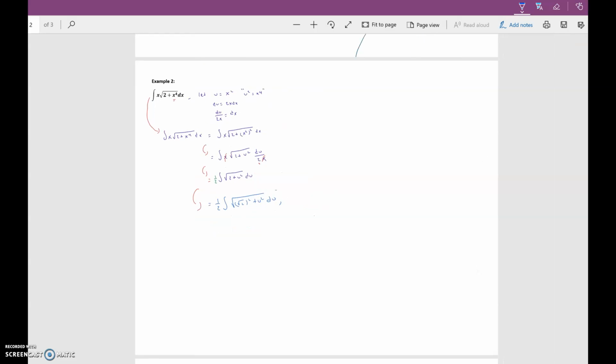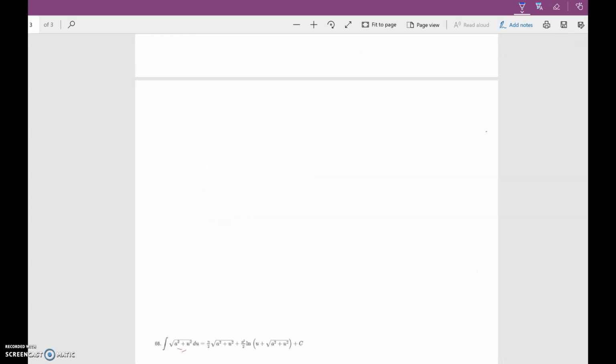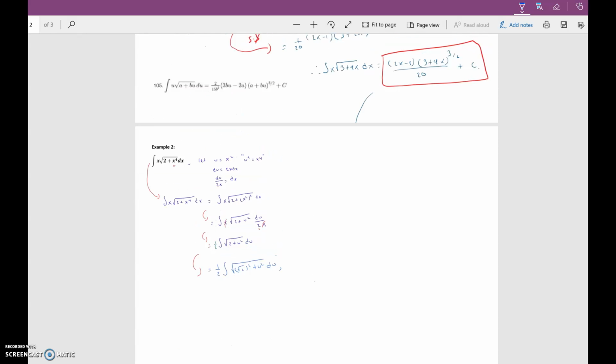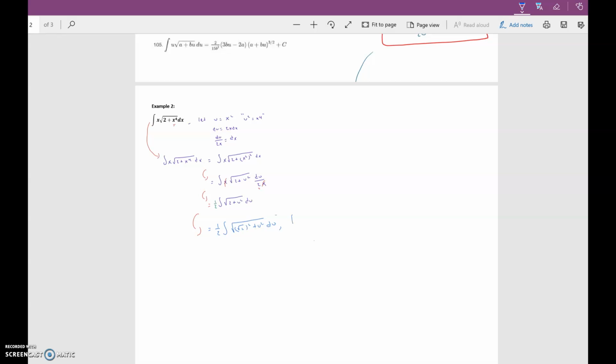So in order to apply the formula, by formula 68, a happens to be the square root of 2, and actually that's it.